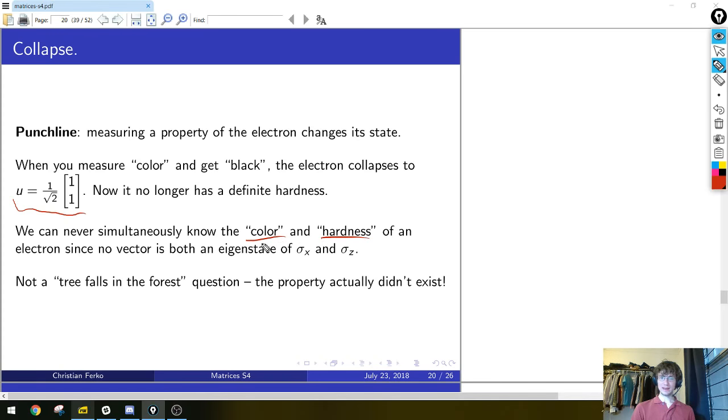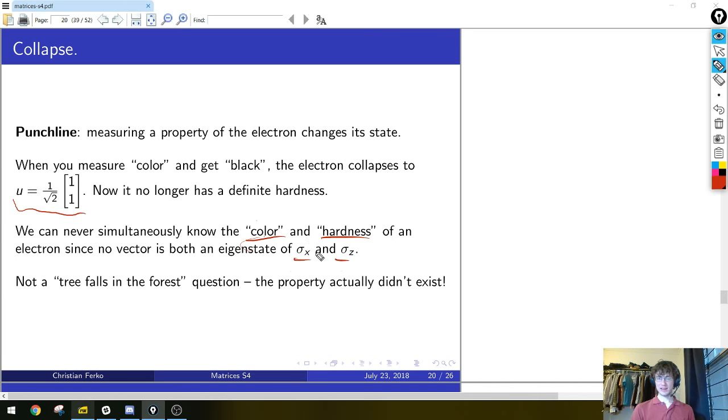Because to know that it is black means that it is in one of the black eigenstates of sigma x. To know it's soft means it's in one of the soft eigenstates of sigma z. So to know that it has both properties at once, it would have to simultaneously be an eigenstate of those two matrices. But as I'll show on the next slide, there are no vectors which are eigenvectors of both of those matrices at the same time.